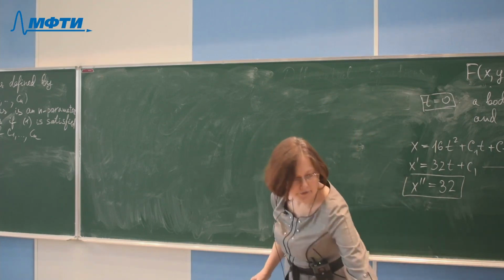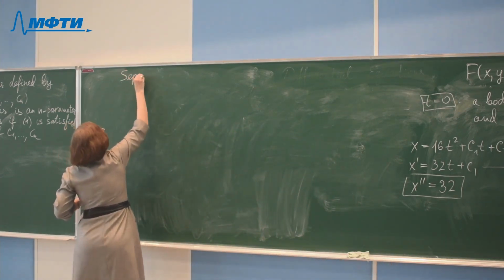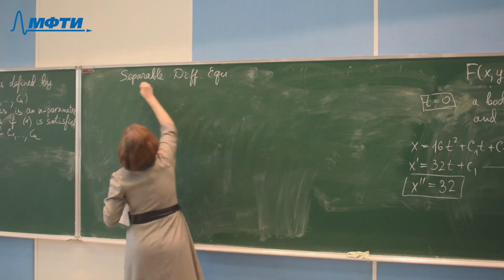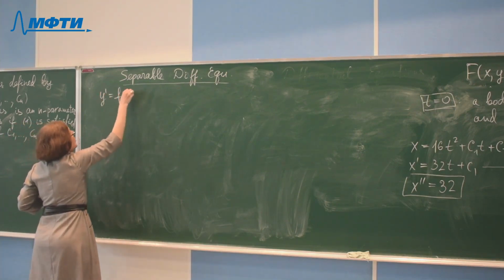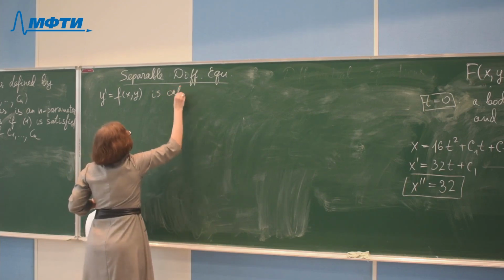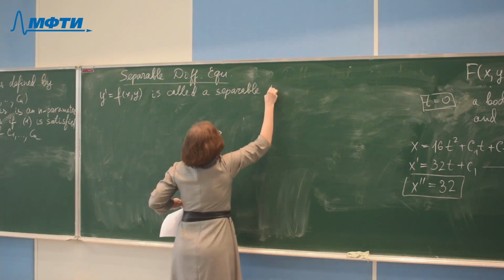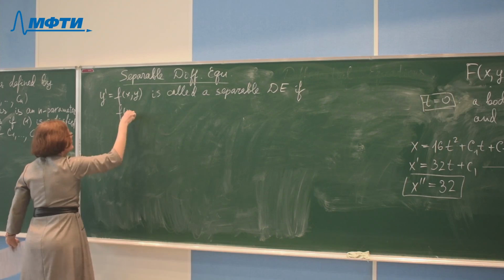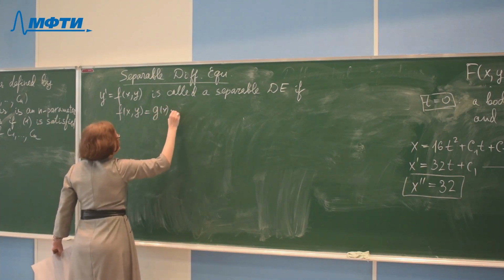Okay, so separable differential equations. A first order differential equation of this form is called a separable differential equation if the function f of x, y can be factored, can be represented as the product of two functions depending on x and y separately, right?